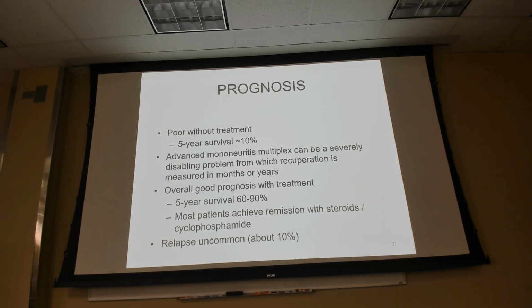As we said, the first line of treatment would be the steroid, but we talked about the reasons why we would switch to the other one. If we are treating them, then they work well. Relapse with those treatments is uncommon, so it's not going to be one of those things.